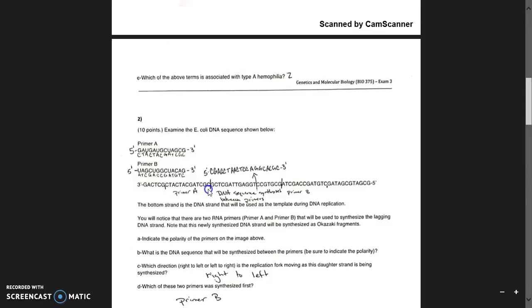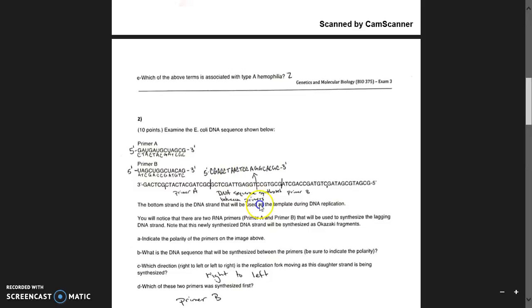So I had primer A matching up right here, primer B matching up right here, so the strand that would be in between them would be just the matching strand along your template strand, so the G's and the C, C, G, T to the A, so on and so forth. And since the template strand is in the 3' to 5', this will get synthesized 5' to 3'.